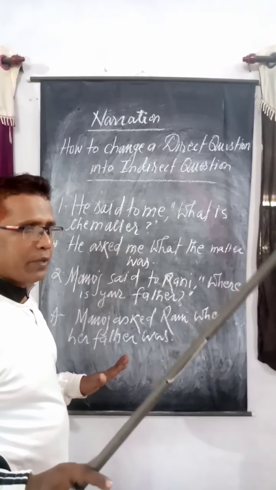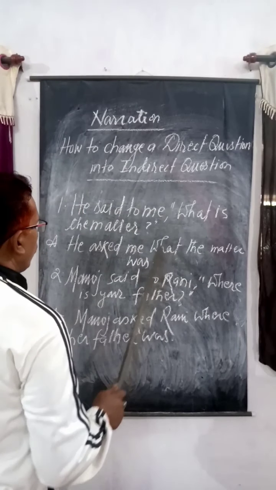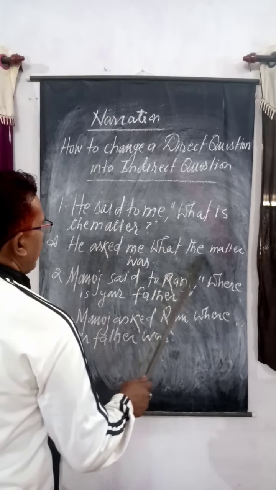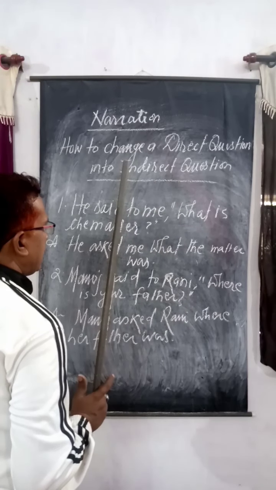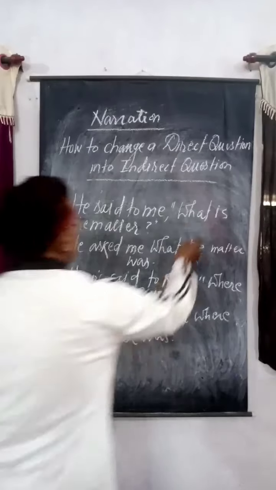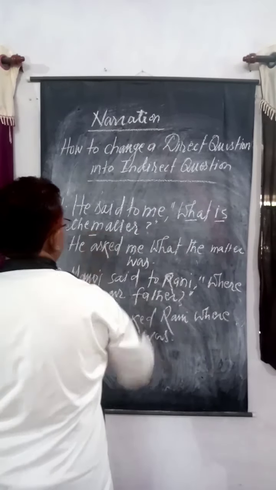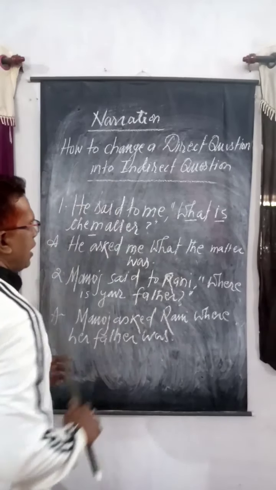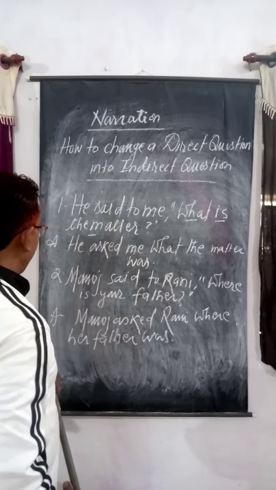The sequence has been broken totally, and you can see here what was, and the object is written as a simple sentence. In the question, it is WH word, then helping verb, then object. But in the answer part, it is WH word, object and helping verb.